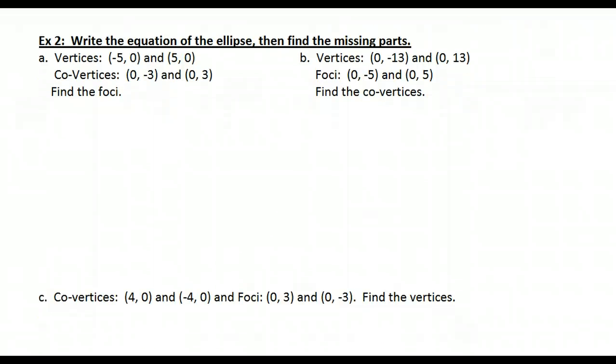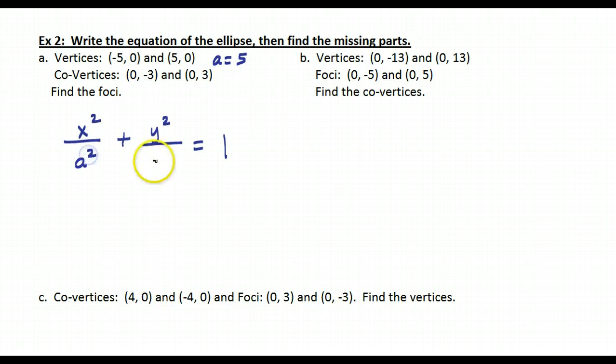For example 2a, I know what the vertices and the co-vertices are, and I want you to think back to my special important note I gave you. So the vertices are always where a goes, so a is 5, and it's an x value. So I'm going to put it with x, and under here, so let's just backtrack a second.